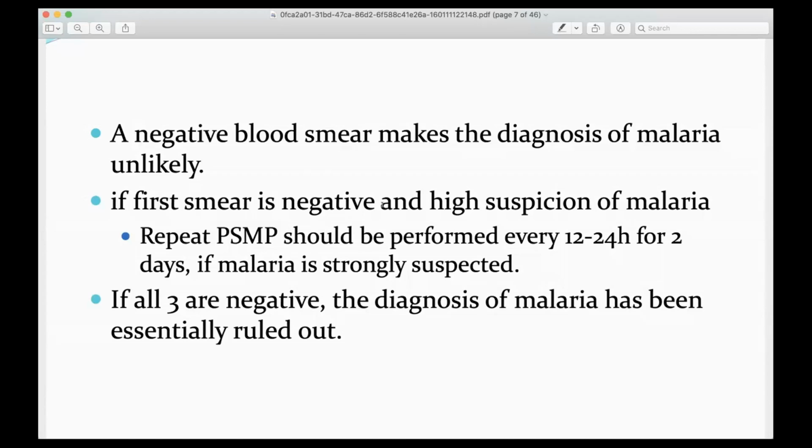Before that, when the patient was very critical, intubated and ventilated, they were transferred to another hospital where the malaria test was done again and became positive. It was falciparum malaria, and the patient died in that hospital due to delayed treatment. It was a negligence case against the previous hospital, and they had to pay a hefty amount of compensation. So you have to be very careful when you suspect malaria.